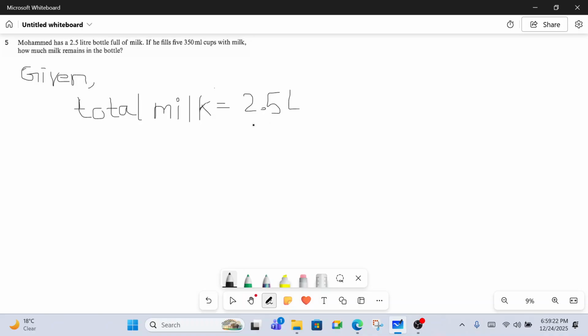Now of course we need to convert liters into milliliters, and we know 1 liter equals 1,000 milliliters.